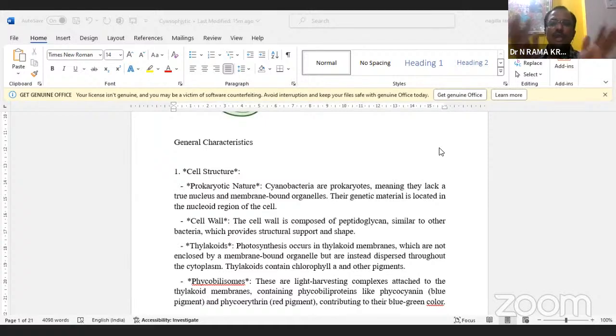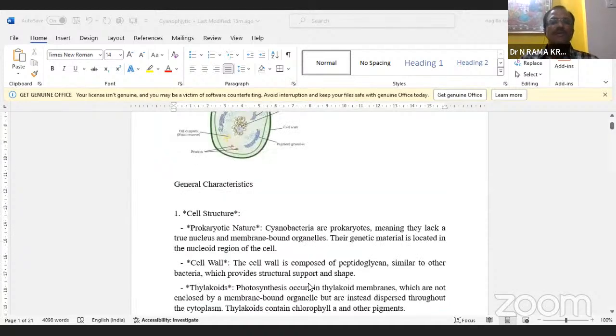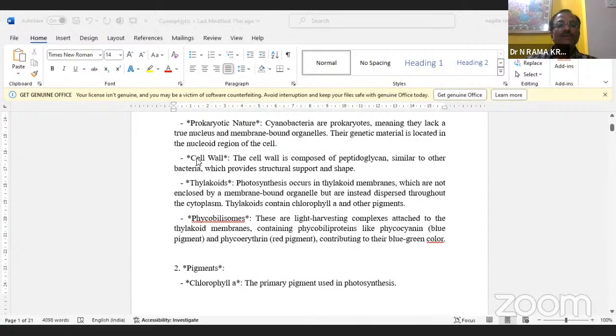So when we are looking at an in-depth study of cyanobacteria cell structures, you see here, first the cell wall. The cell wall is composed of peptidoglycan, similar to other bacteria, which provides structural support to the shape.